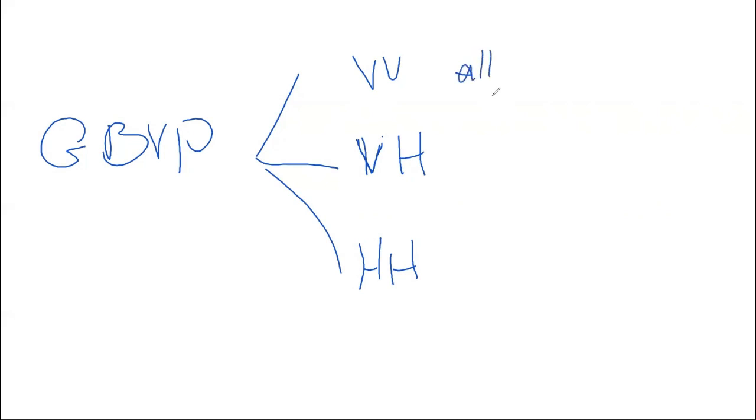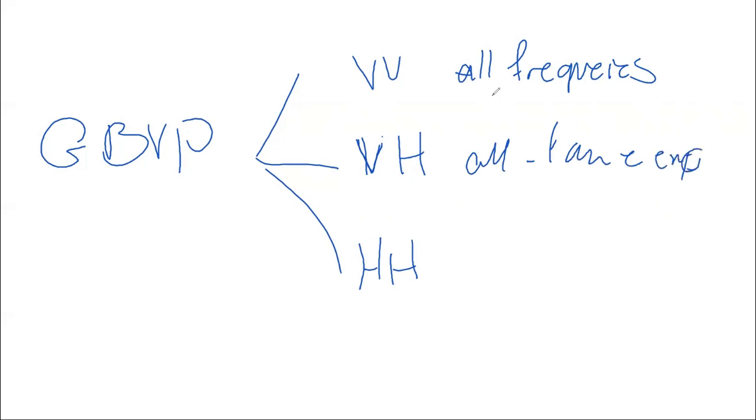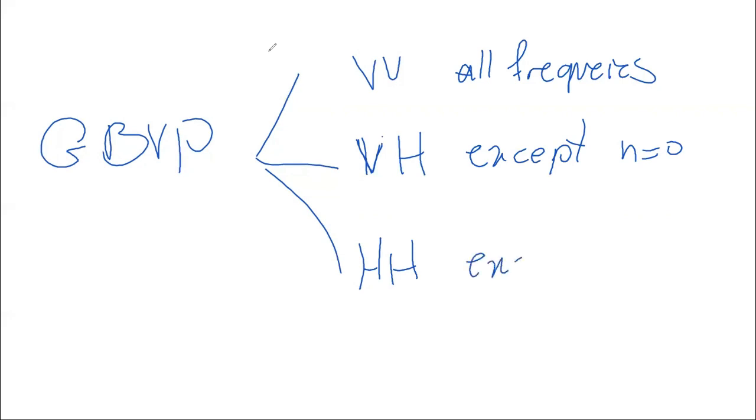For VV, all frequencies can be recovered except n equals 0; a zero degree frequency cannot be recovered. And here, all frequencies except n equals 0 and 1.